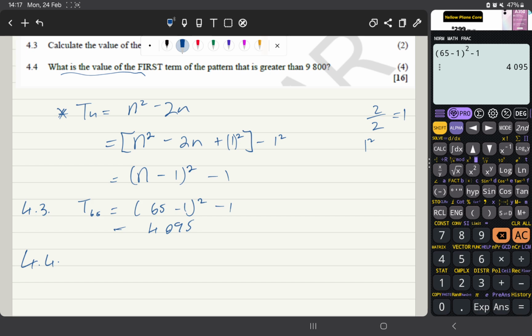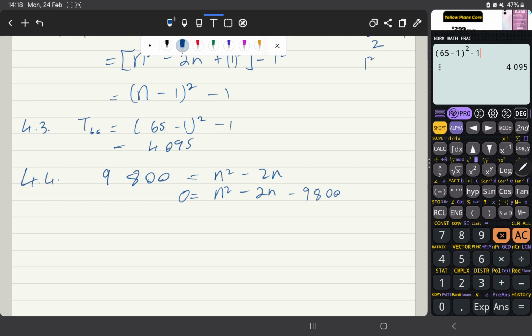Yeah. So if I were to solve this problem, I'm gonna go back to the original and say n squared minus 2n. Then of course now transposing, it's gonna be minus 9,800. Right?